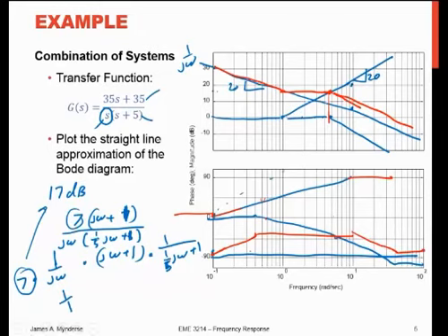Bad artwork, but we take each component, plot them independently, and then graphically add them. And if you wanted to take the time, we could get the exact values at each of those corners and do a better job, but I don't want to spend a lot of time on this, because you guys have other things to do too, right?